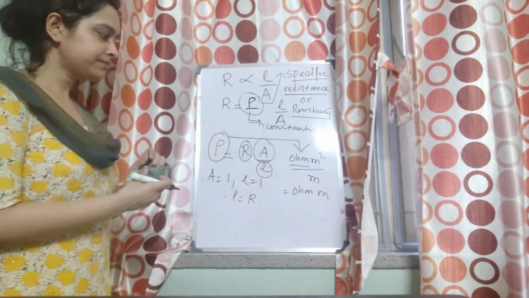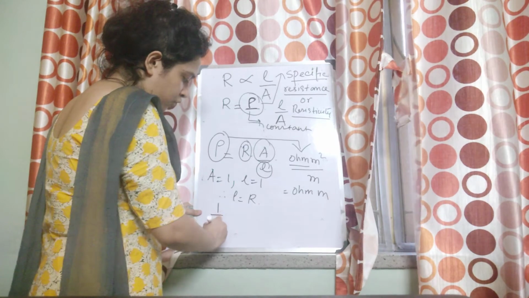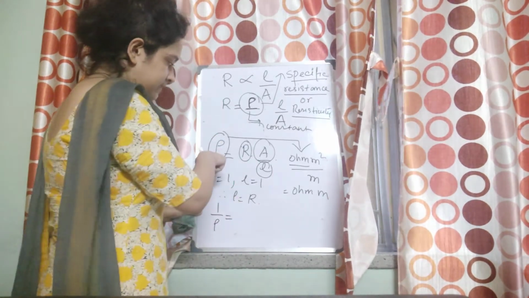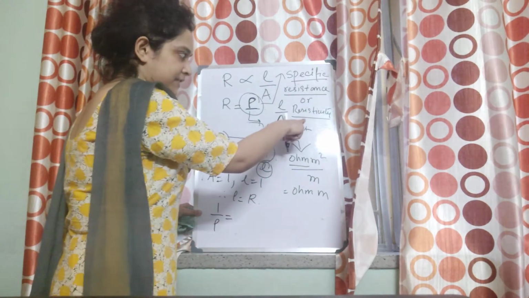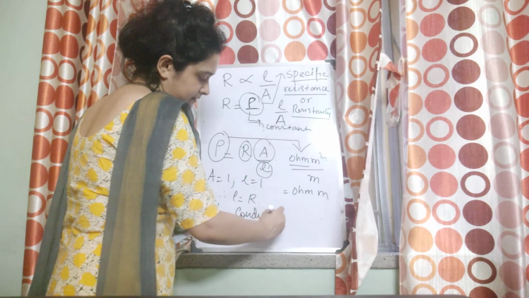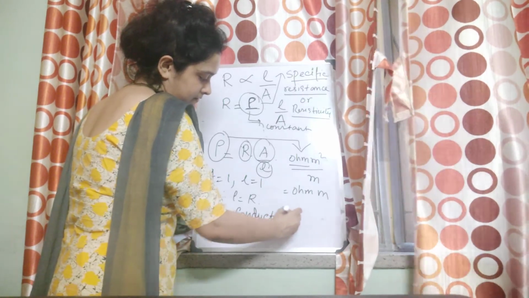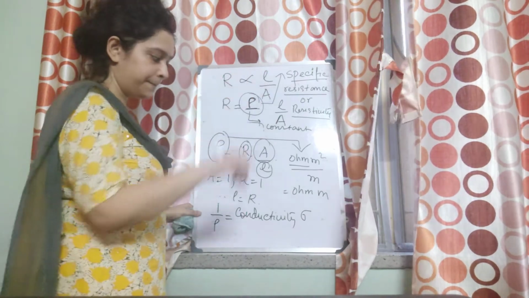Ohm meter. We have 1 by rho, that is 1 by specific resistance. Reciprocal of specific resistance or resistivity is known as conductivity. Sigma. This symbol is known as sigma.